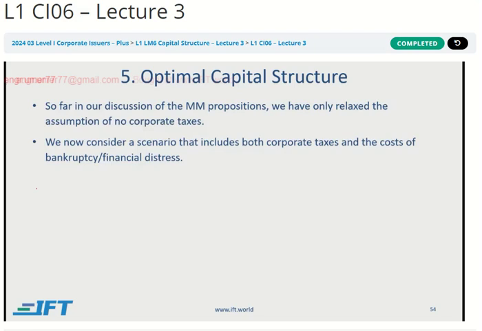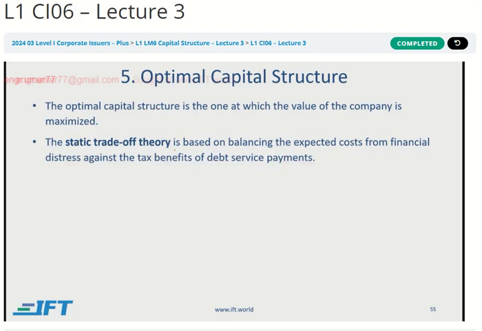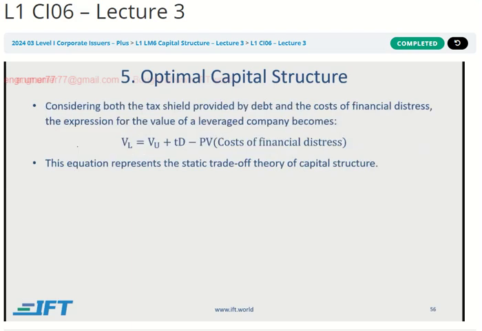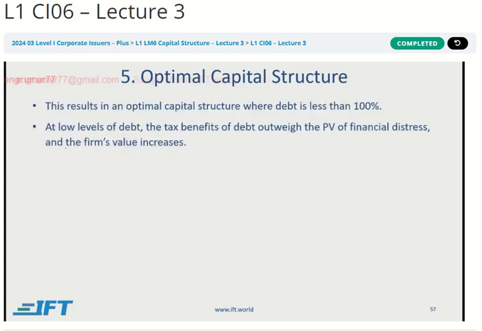Right. So far in the propositions, we only relaxed the assumption of no corporate taxes, but now we are going to bring in the cost of bankruptcy and financial distress. And that is where we get to the world of the static trade-off theory, right? Which basically means that the value of the leveraged firm is equal to the value of the unleveraged firm plus the tax benefit minus the present value of the cost of financial distress.